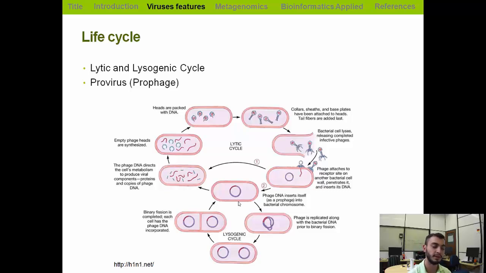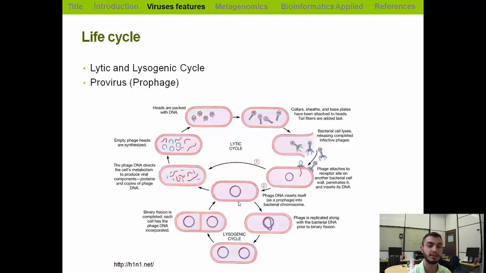So it's interesting to look at this prophage or provirus thing, because when you are analyzing genome sequences, you can build an algorithm to try to find these prophages, these proviruses, and there are a couple of good software tools that try to do that.